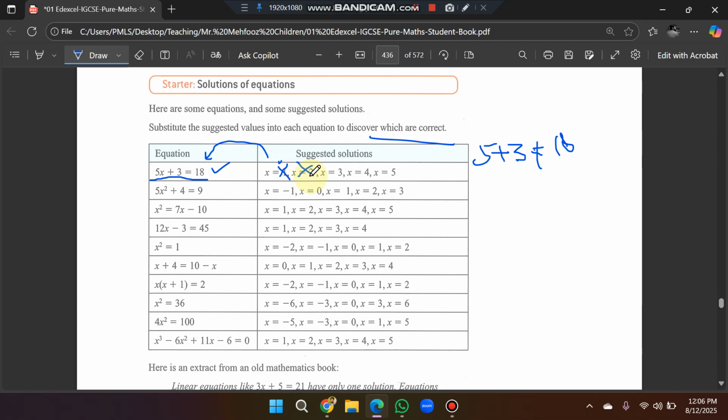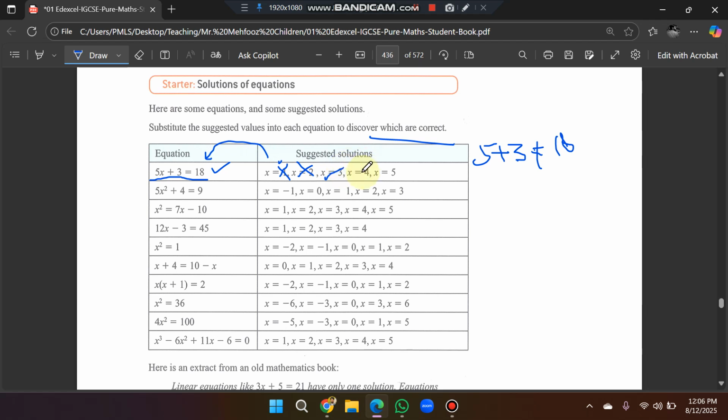If you are checking whether the suggested values are solutions of the equation, then you have to put them into the equation. If your left hand side and right hand side are equal, it means that this is your solution. So by putting x is equals to 3, your left hand side is 18, your right hand side will also be equals to 18. So that's why x is equals to 3 is your solution.